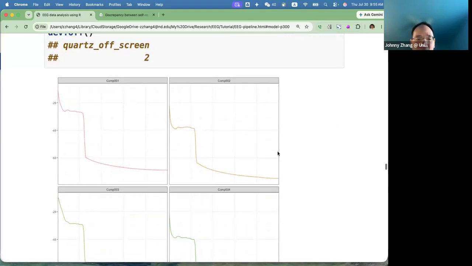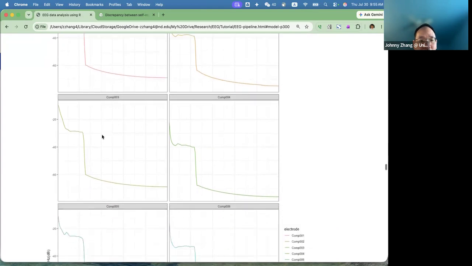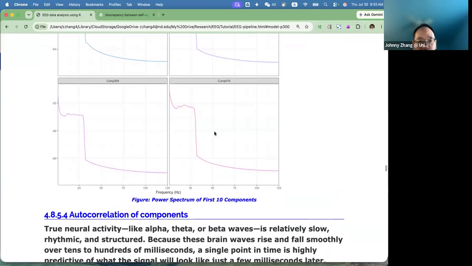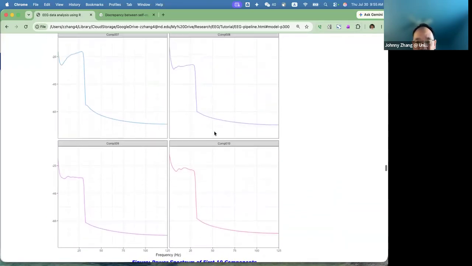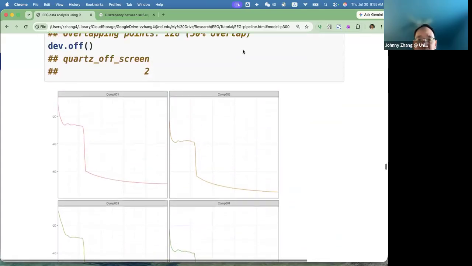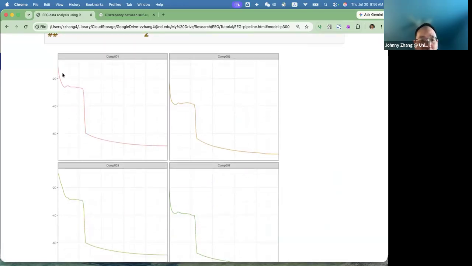I'll give you a plot here. This is the power density plot for about 10 components. It shows how much power there is at different frequencies.